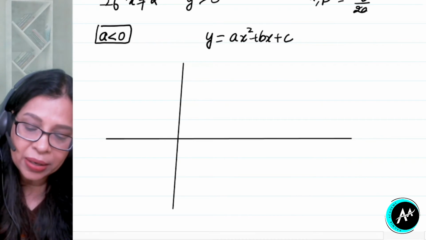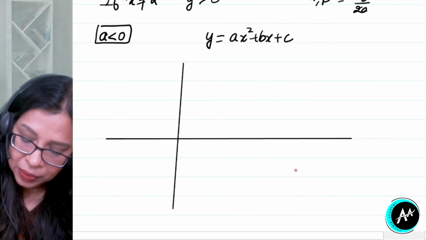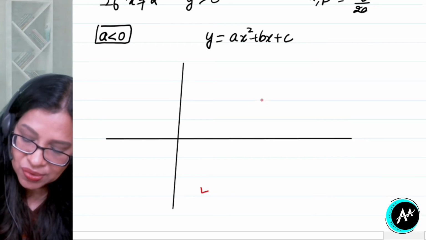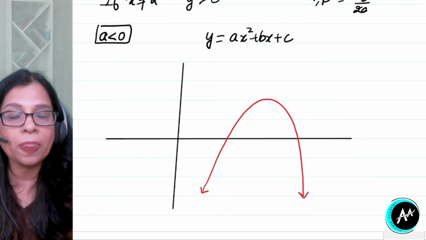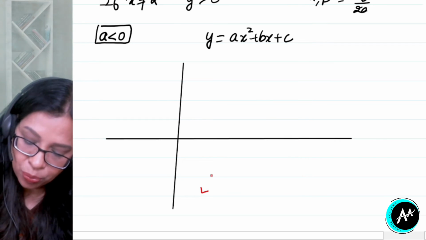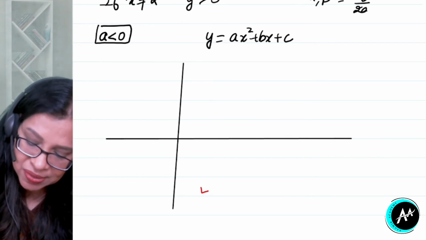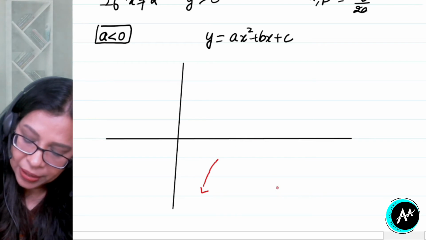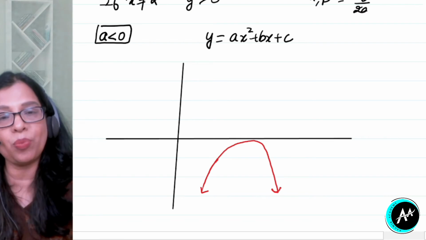So let us take a downward parabola like this. All right, so this is opening downwards like this. In this case I have to take touching x-axis at one point, so I have to draw it like this. It is supposed to be touching at one point only.